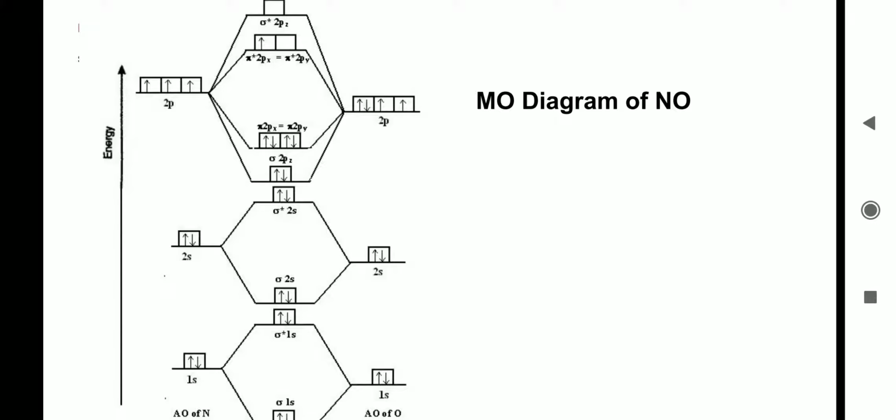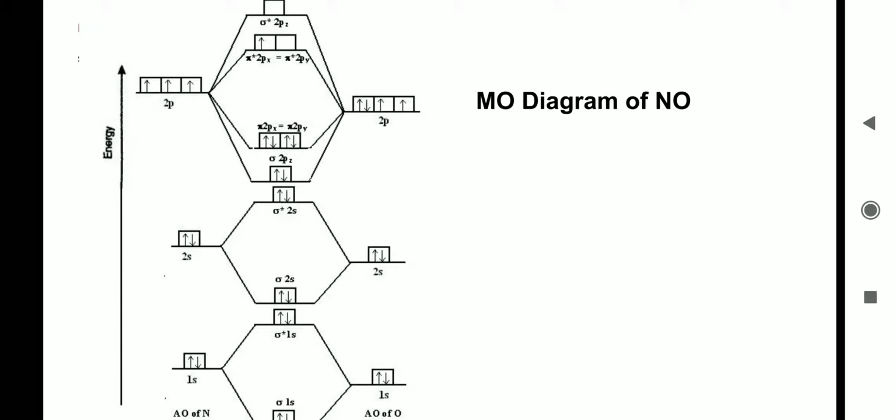Upon the combination of 2p of both the atoms, 6 molecular orbitals will be formed, and they will be sigma 2pz, pi 2px, pi 2py, pi star 2px, pi star 2py and sigma star 2pz. You have to remember that sigma star 2pz is always placed at the highest level irrespective of lighter or heavier heteronuclear nuclei.